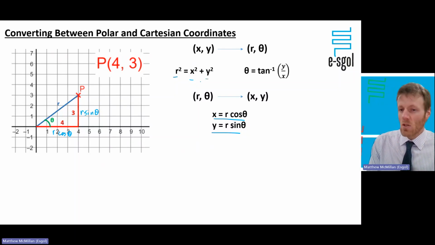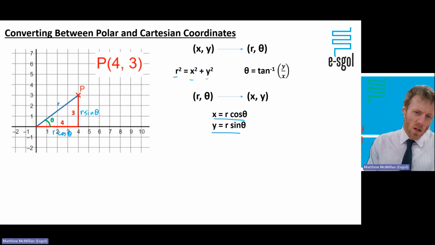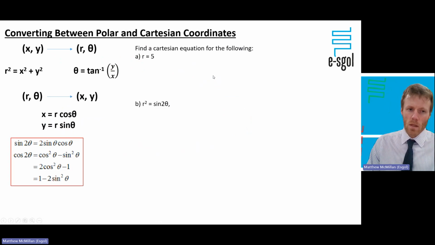These things you need to learn or derive them. In many of these situations I am trying to get r cos theta, or r sin theta, or r squared. If I end up with just sin theta or just cos theta, that might mean I can't turn it into a Cartesian equation.